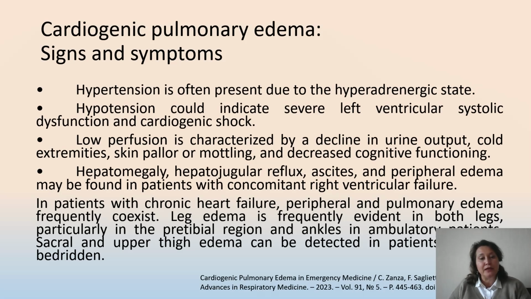In patients with chronic heart failure, peripheral and pulmonary edema frequently coexist together. Leg edema is frequently evident in both legs, symmetrical, particularly in the pretibial region and ankles in ambulatory patients. Sacral and upper thigh edema can be detected in patients who are bedridden.